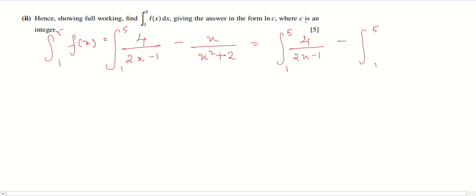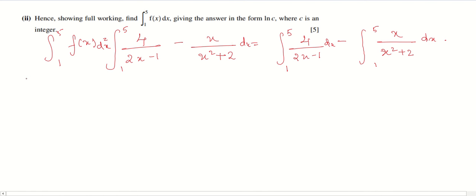If it was plus, then it would be plus here. There's a dx in each, so that is how you split the integrals, and that's going to help you.